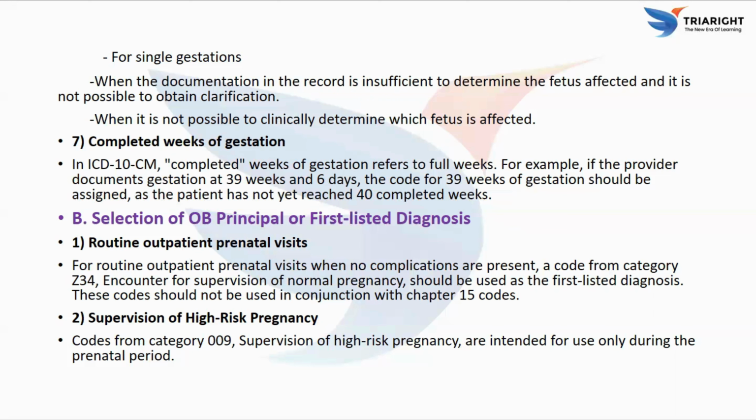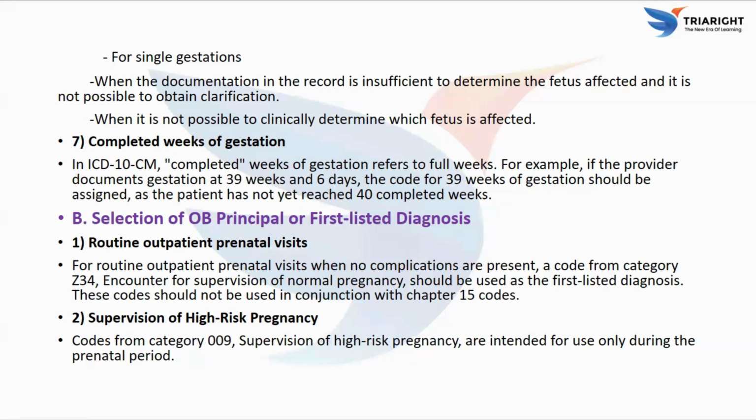For example, if a 40-year-old pregnant woman comes for checkup, you have to assign code O09.513, which indicates the supervision of elderly multigravida, third trimester. So here are some quick practice questions. The first one: if a woman comes at 28 weeks for a routine checkup, there are no problems, which code do you have to assign?